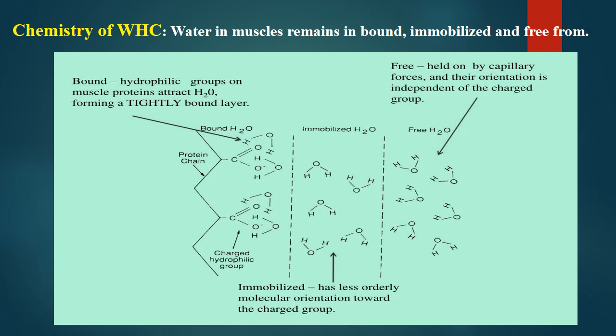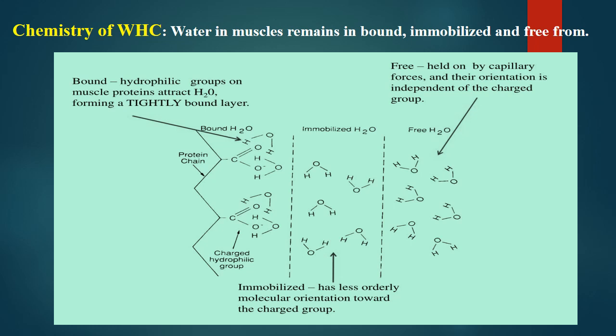Here we will try to understand the chemistry of water holding capacity. Water in muscles remains in three forms: bound form, immobilized form and free form. In the innermost part of the muscle there is bound water, which is bound to hydrophilic groups on muscle proteins and attracted to them, forming a tightly bound layer of water.